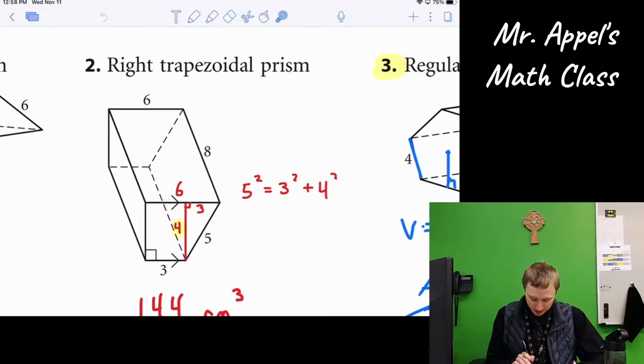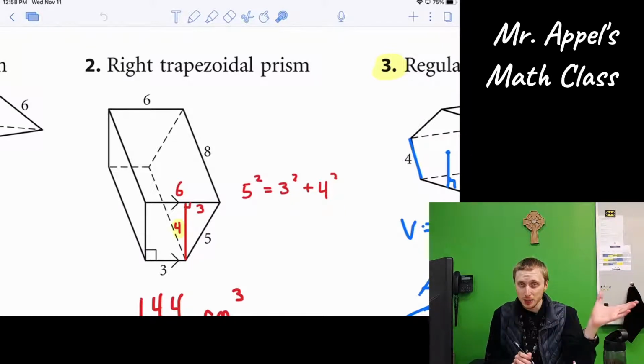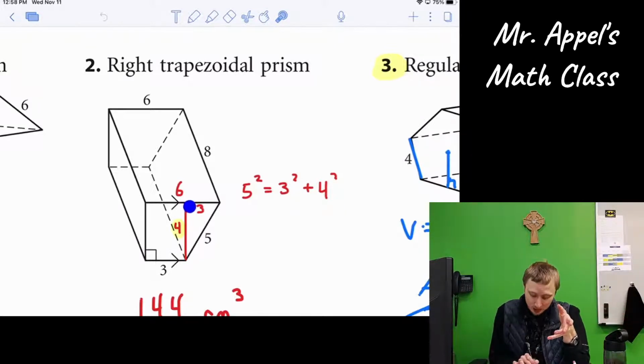But just real quick here, if I know this whole base is 6 and this part is 3, then drawing another perpendicular line here. You can draw in any line you want, and you can specify, I want to draw this in so it's perpendicular. Right? That means then this much is also 3. So from 6, that leaves 3 over here. And now I have 2 sides of my right triangle.